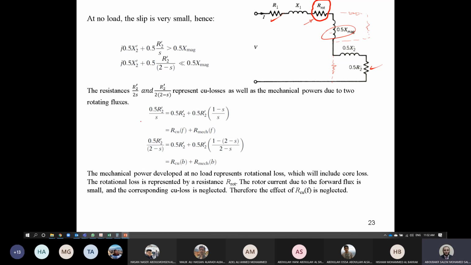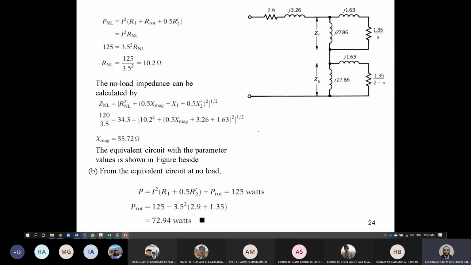It's a try at assuming why we have R mechanical here, or R rotational. But in terms of relations, he didn't obtain it here. Yes, the relation is here. We can say now P no load equals I squared multiplied by (R1 plus R rotational plus 0.5 R2 prime). So this is now the total losses, and we have P no load and I no load as well.